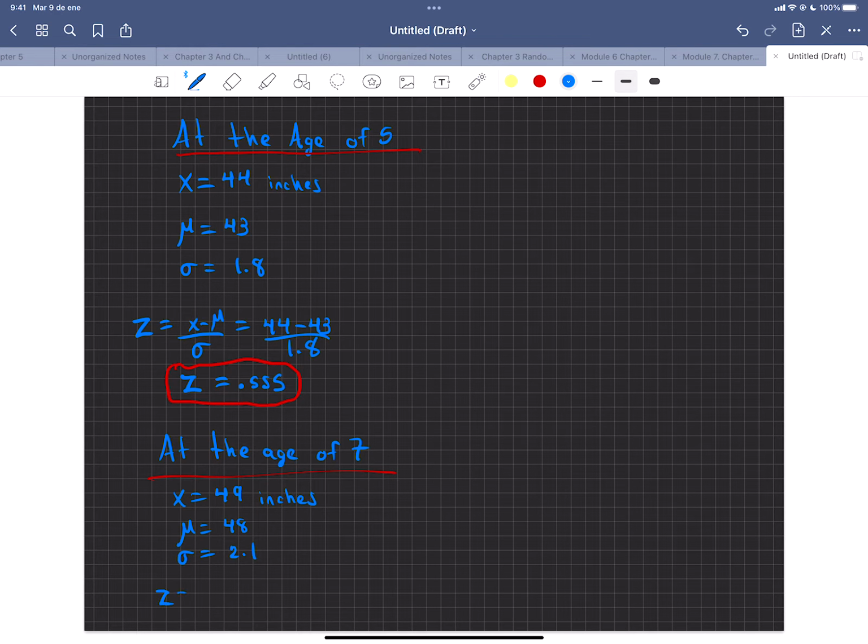So C is x minus mu divided by sigma, which is the same as 49 minus 48 divided by 2.1. And I got C equal to 0.476.